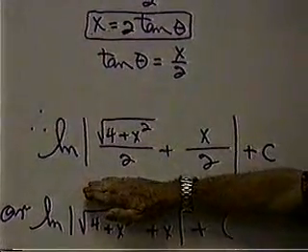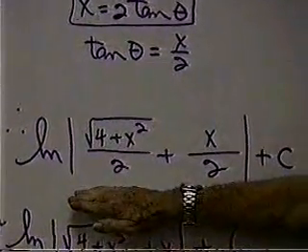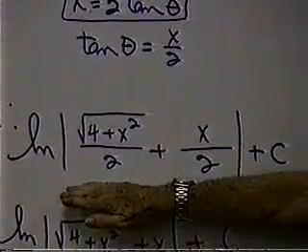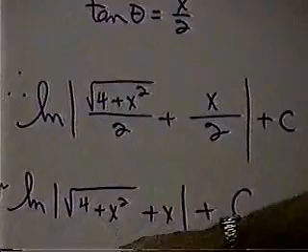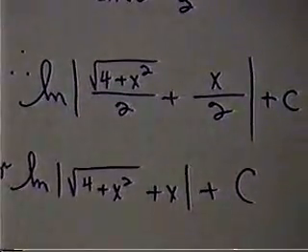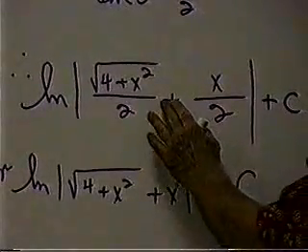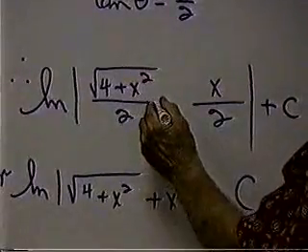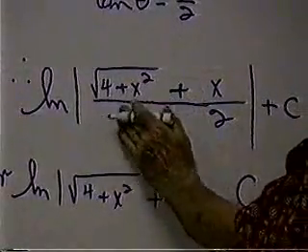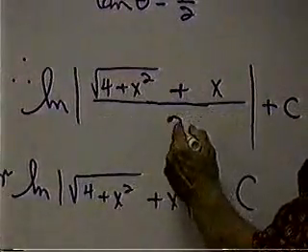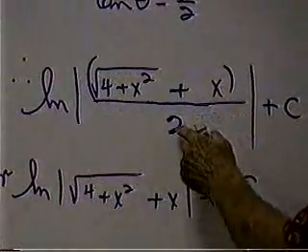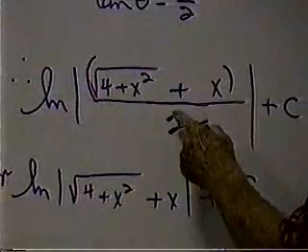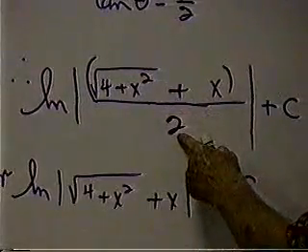What I'd like for you to be aware of, though, a lot of times in answers in the back of the book, you will see it this way. And what they do, it doesn't mean that you have to do that, but what they do is they combine these into a common denominator, and then the log of all this numerator divided by the number, the log is this minus the log of 2.